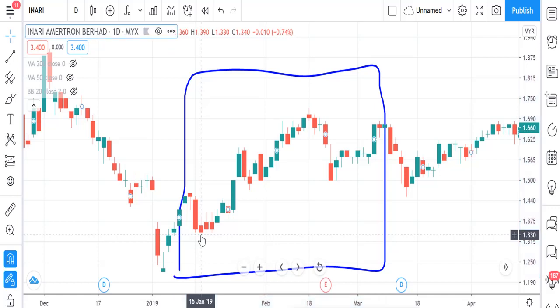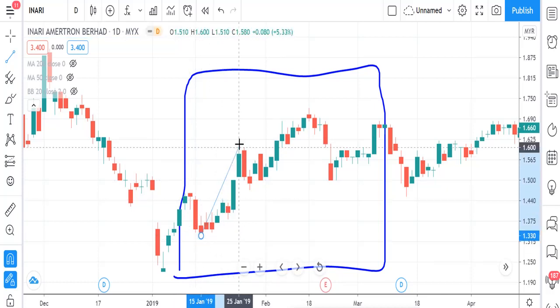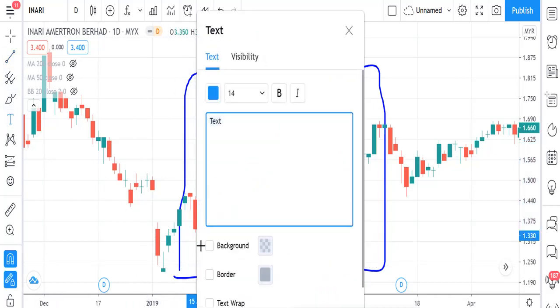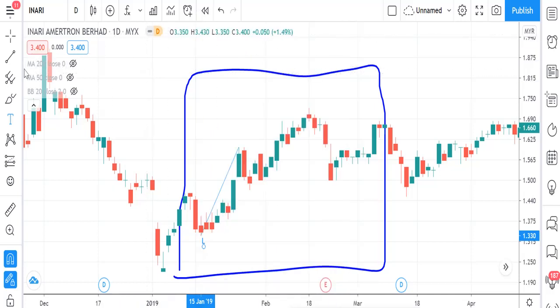So I'm going to pick up the tools. Here this is a low, and that's your high. I'm going to say this is a low, and I'm going to say this part is the high.